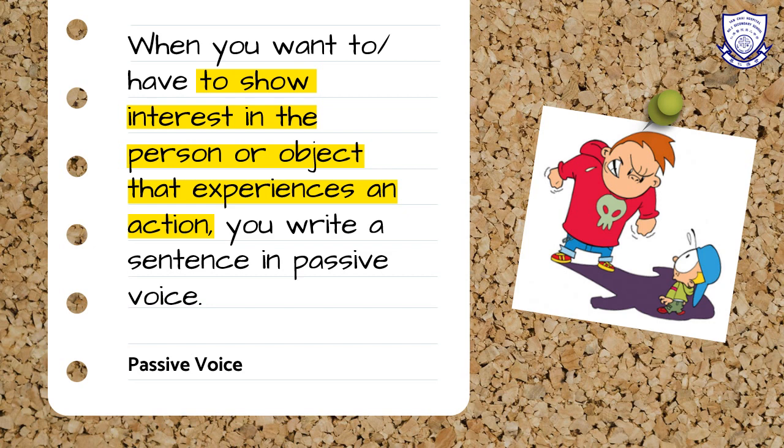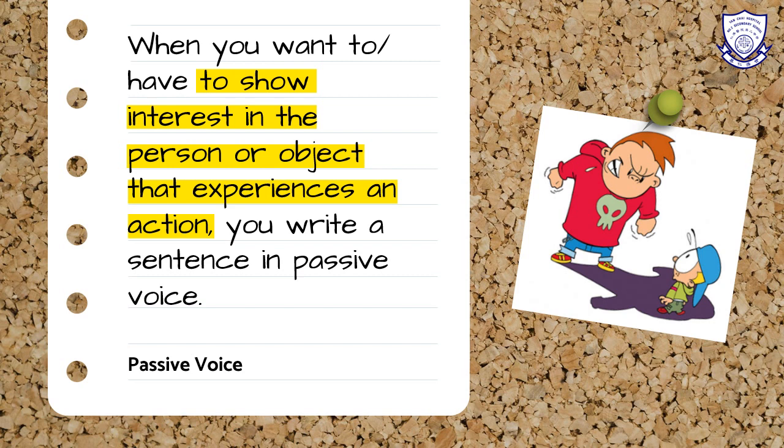You write English sentences in the passive voice when you want to, or when you have to, show interest in the person or object that experiences an action. So take a look at the picture on your right hand side. You see two different people in the picture, and obviously one is much bigger and older than the other.